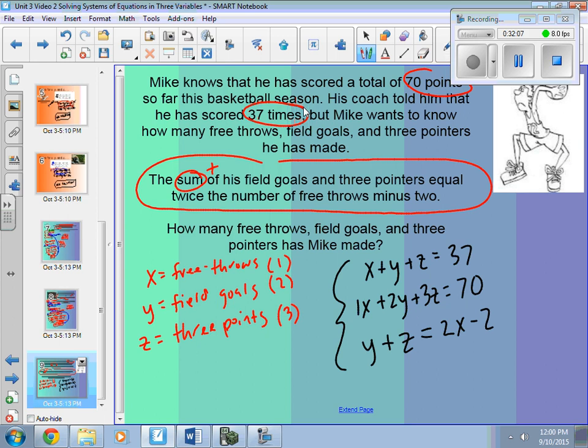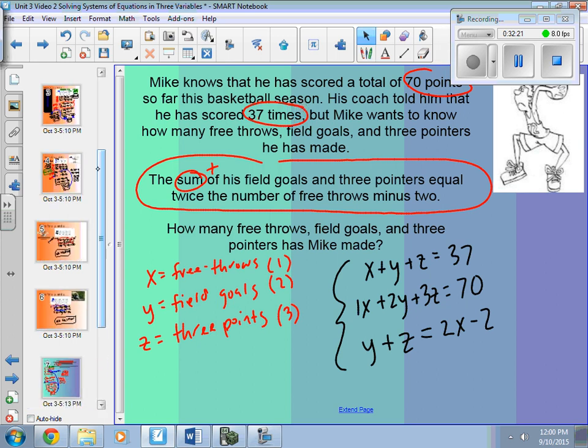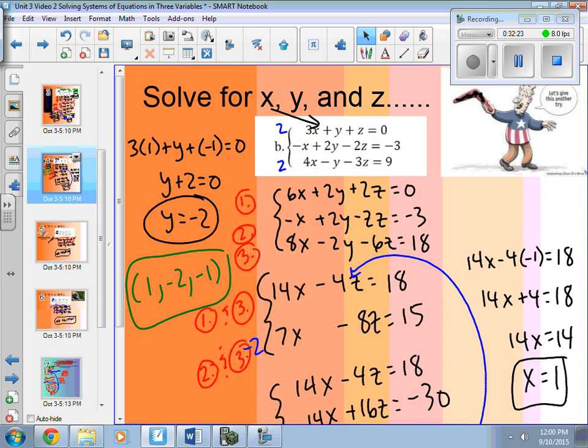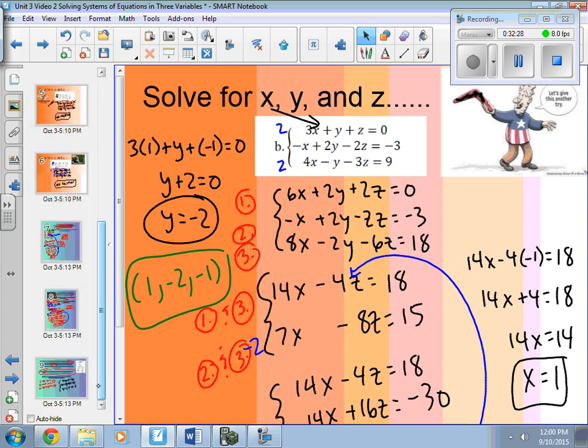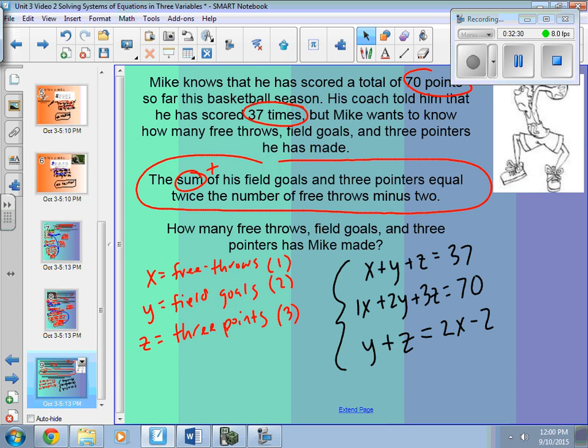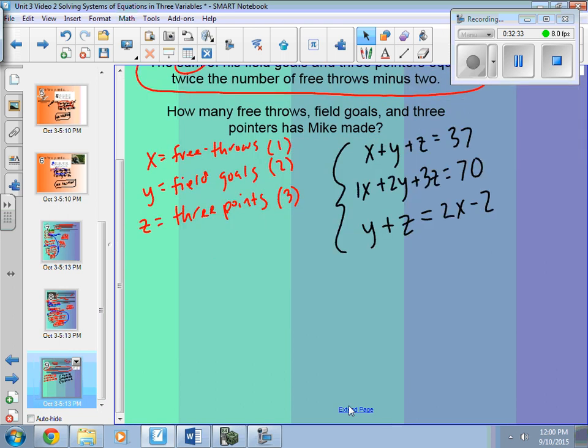This is one we want to try to solve out now. Looking at the problems here, this one doesn't look like we have a substitution one. So it looks like we're going to have to use the elimination one. Now if you look back at the elimination ones we did before, all the variables were lined up. X's, Y's, Z's, and constants were all kind of lined up. We don't have that right now on this problem. So our first step, we want to try to stay organized because these are tough problems. Let's try to get all the X's, Y's, and Z's and constants lined up.